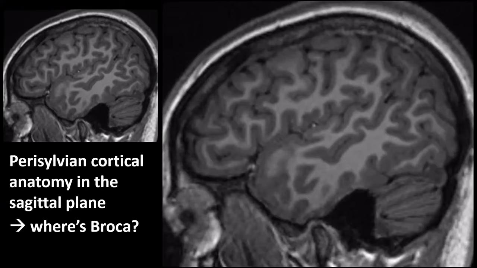Okay, so now you're able to recognize the central sulcus on axial images, even sagittal images if you really must, and you can discover the precentral gyrus, the primary motor cortex, and the postcentral gyrus, the primary somatosensory cortex. We've already seen the primary visual cortex, so we've already discovered a lot of our must-know structures on imaging.